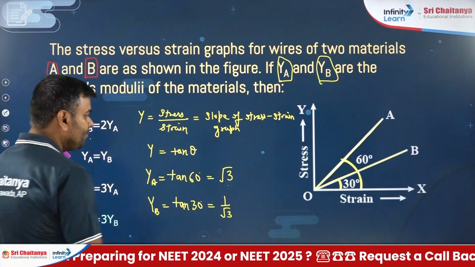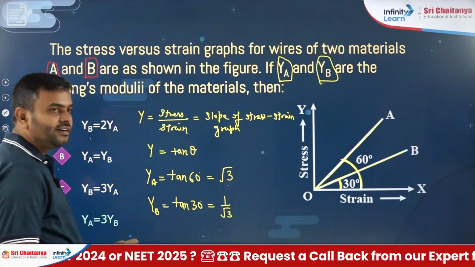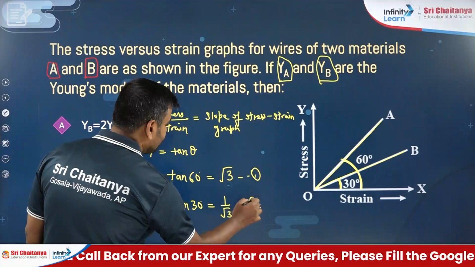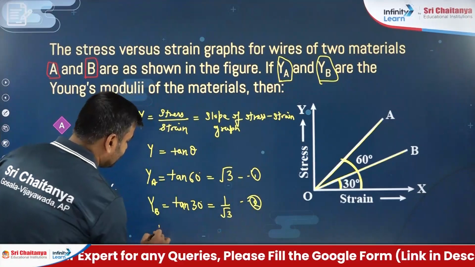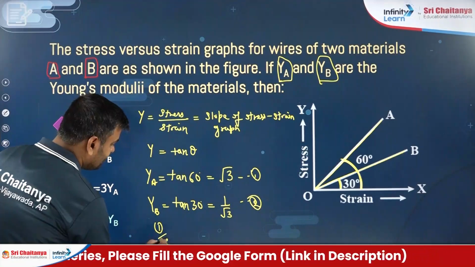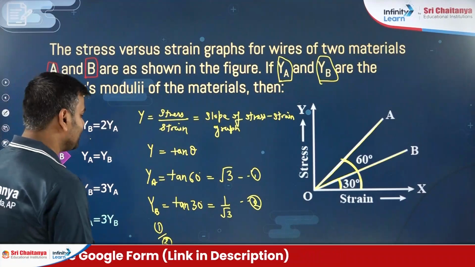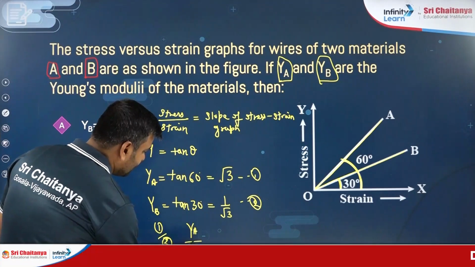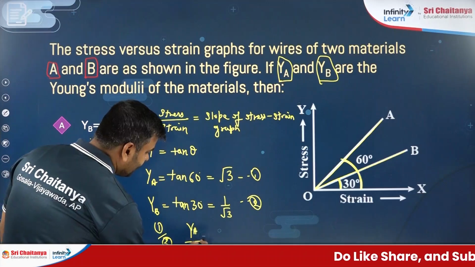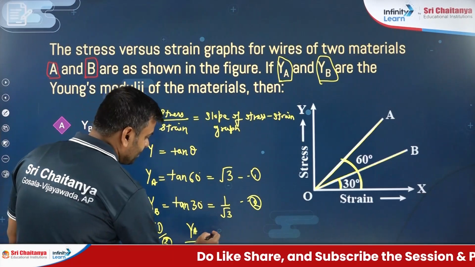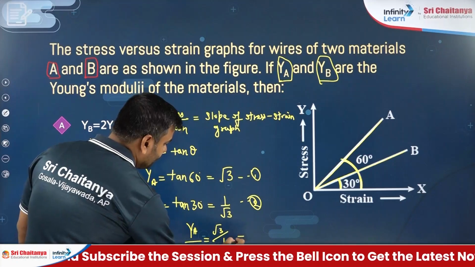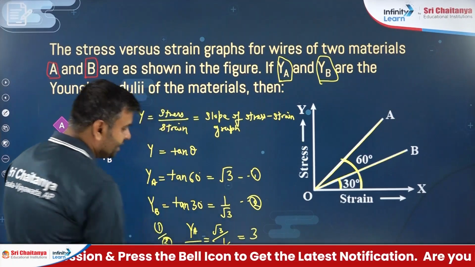Okay, so now we can divide these two equations. If we take this as equation 1 and this as equation 2, then by dividing the first and second equation, we get YA divided by YB is equal to root 3 divided by 1 by root 3, which finally gives the value 3.